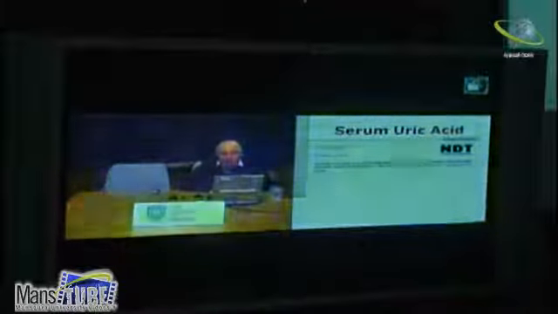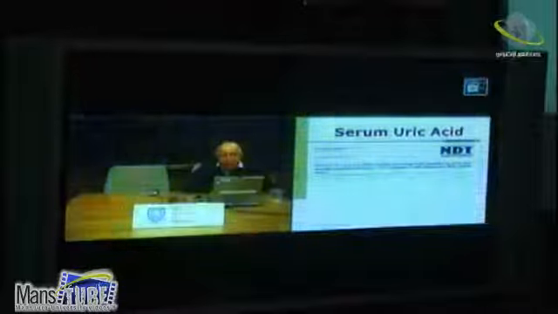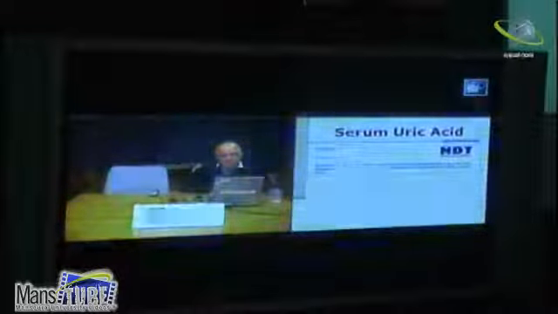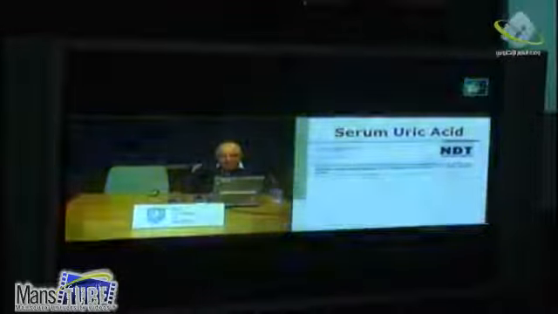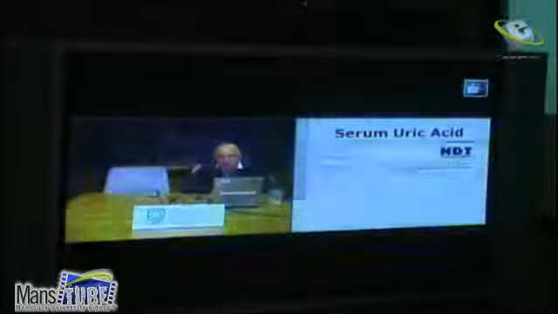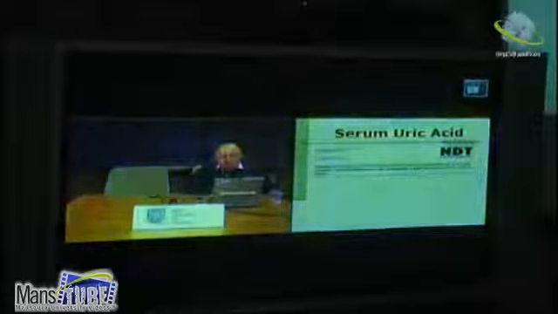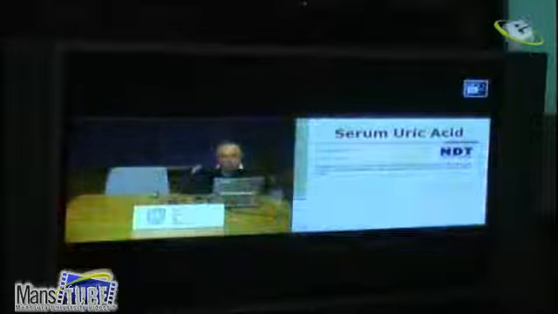And allopurinol and the drugs we have are not without side effects, so we don't know yet the risk-benefit ratio for intervention to reduce uric acid. We know the risk and the side effects of the drugs. The benefit is still doubtful, so it will need a randomized controlled trial, and only then we will recommend it to our patients.